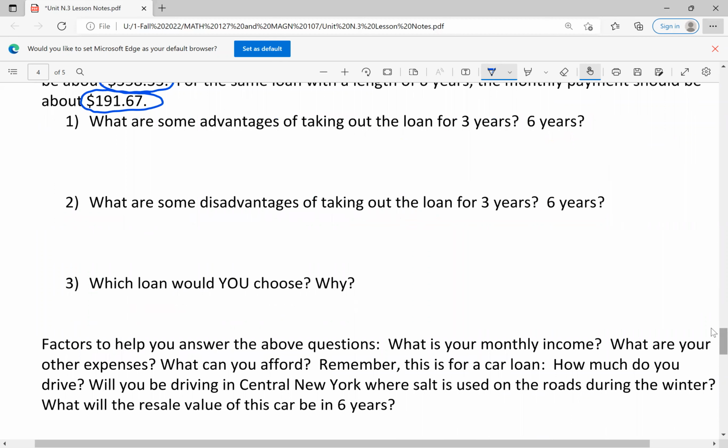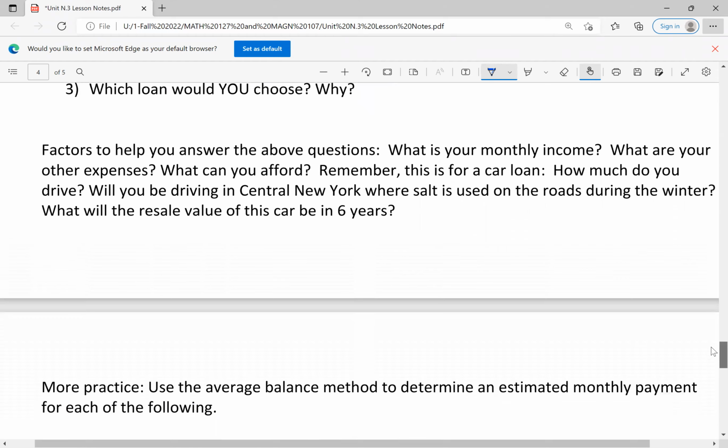What is your monthly income? What are your other expenses? What can you afford? Remember, this is for a car loan. How much do you drive? Will you be driving in central New York where salt is used on the roads during the winter? What will the resale value of this car be in 6 years?